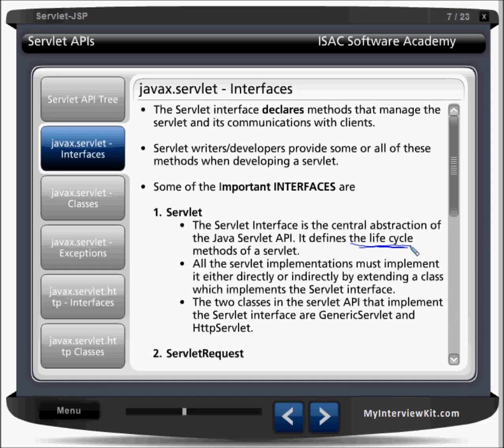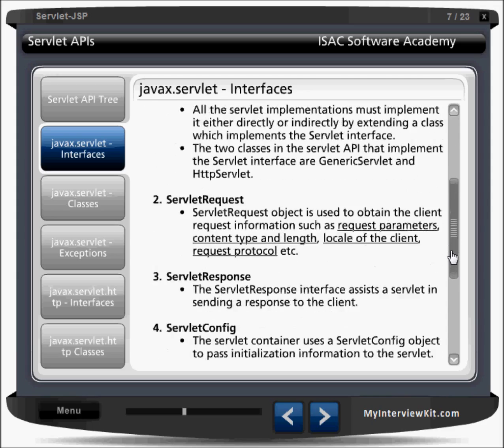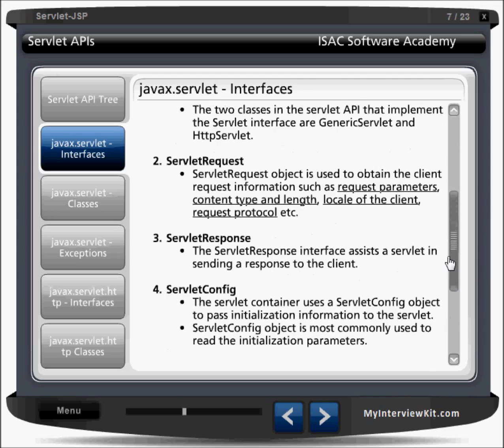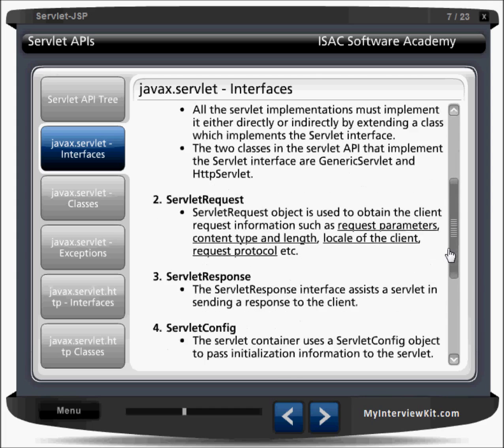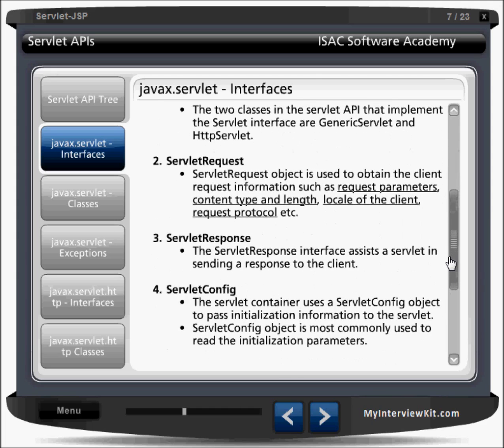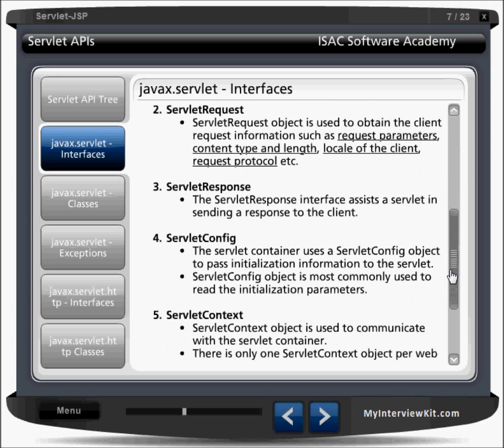All servlet implementations must implement it either directly or indirectly, by extending a class which implements the Servlet interface. The two classes in the Servlet API, as I said, are GenericServlet and HttpServlet, right? There are some other interfaces, like ServletRequest and ServletResponse.